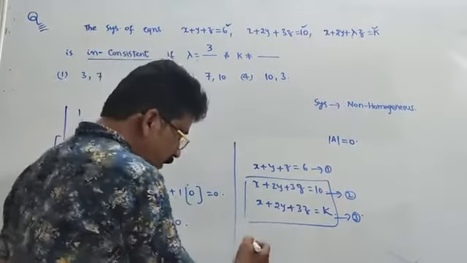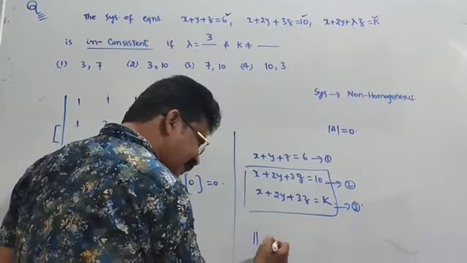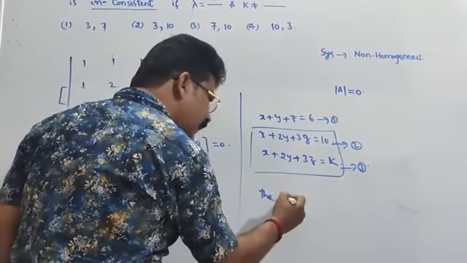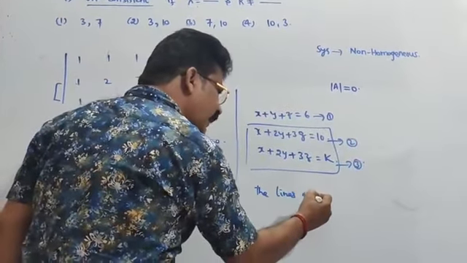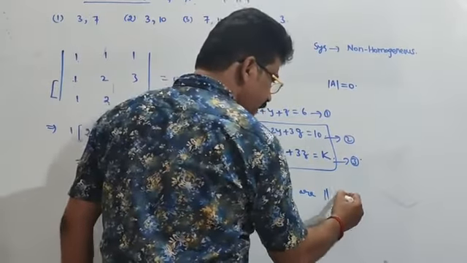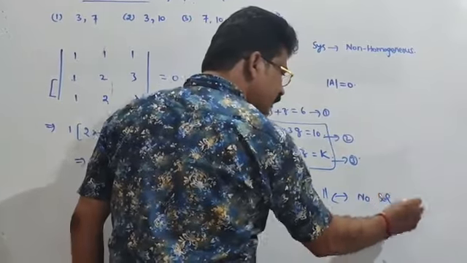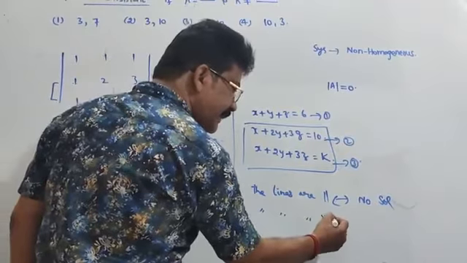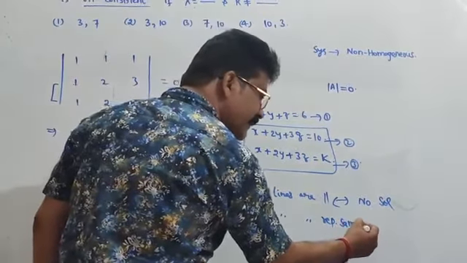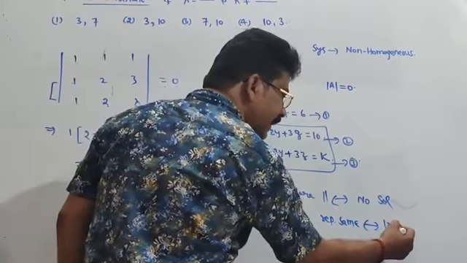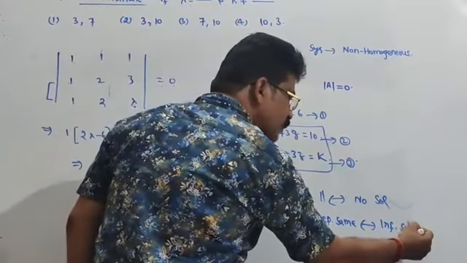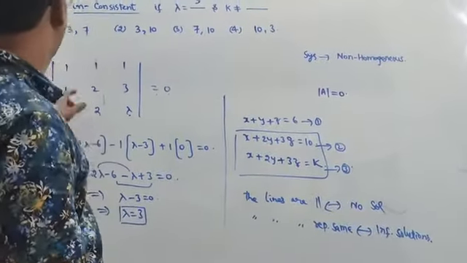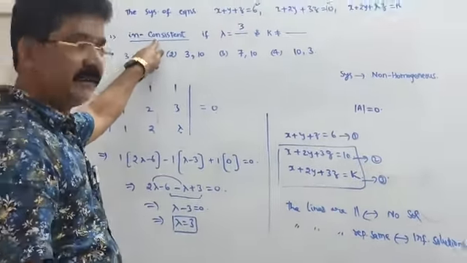Already I said, if the lines are parallel, then no solution. If the lines are representing the same, then it has infinite solutions. But here he said inconsistent.